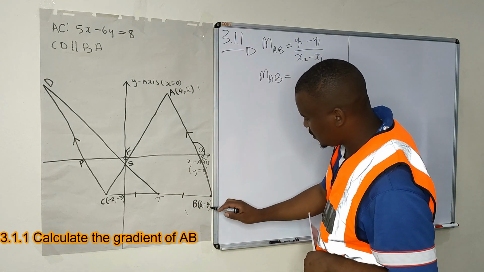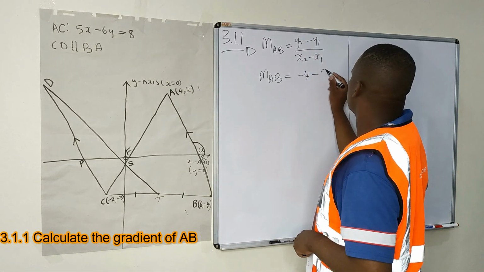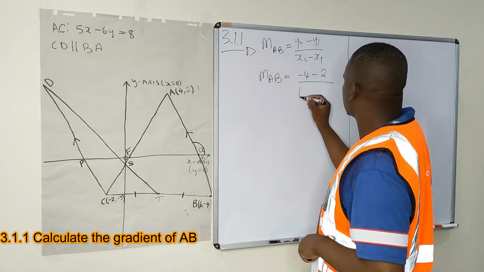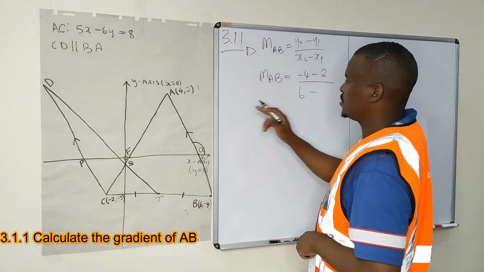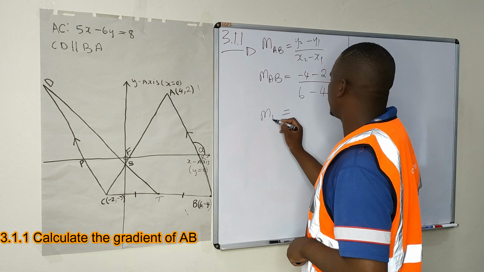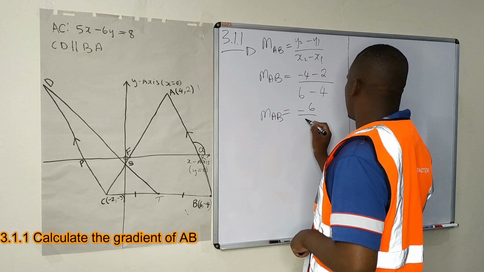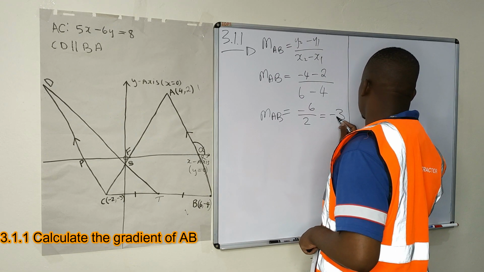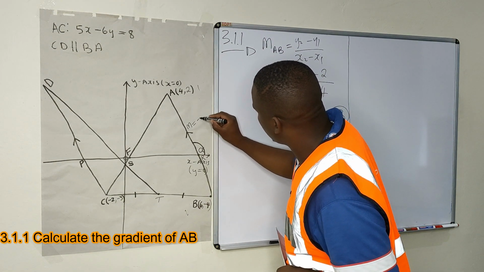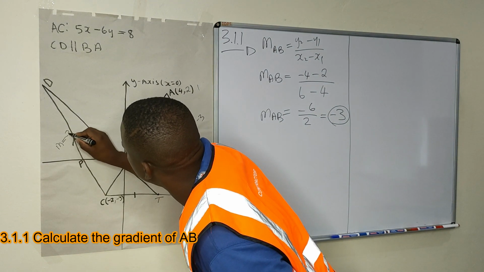Your y2 is minus 4, minus y1, which is 2, divided by x2, which is 6, minus x1, which is 4. You have m of AB equal to minus 6 over 2, which is equal to minus 3. So this is your gradient of AB. M is equal to minus 3.